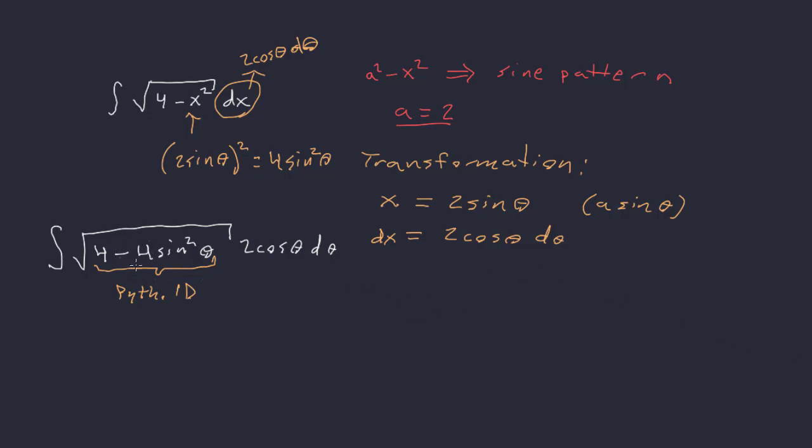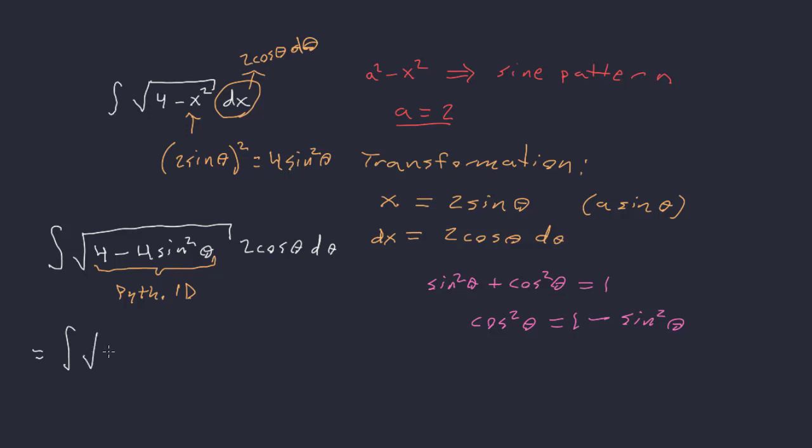It may not look like we can use it, but remember, our Pythagorean identity is sine squared theta plus cosine squared theta equals 1. And I want to rewrite it, so it's cosine squared theta is equal to 1 minus sine squared theta. There are a couple ways we could go about doing this. We could factor out the 4 here, and I think that's what I'll do this time.